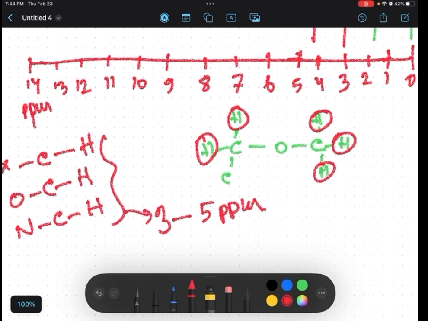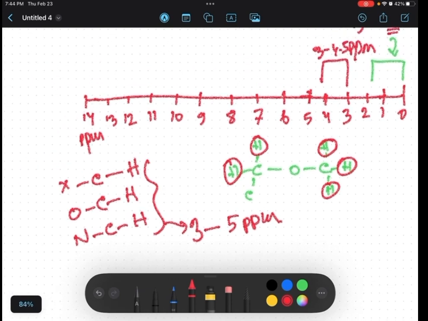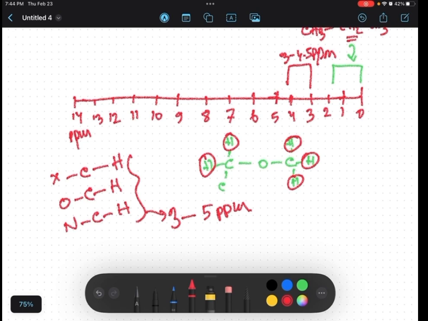Just remember those: if you see any signal there, always look for whether the proton's carbon is next to oxygen, halogen or nitrogen.